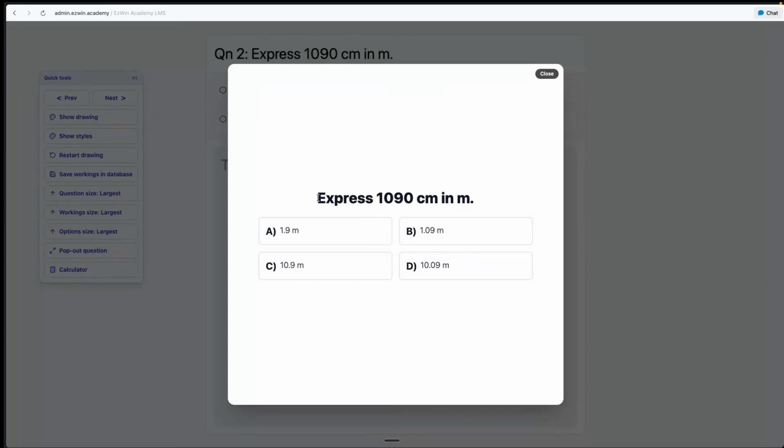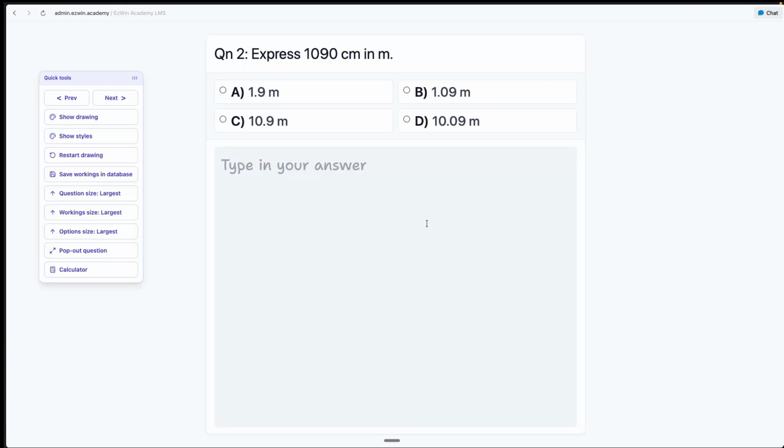Question number 2. Express 1090 centimeters in meters. In order for us to convert, for example, 100 centimeters is equal to 1 meter, and how we do that is we divide by 100.